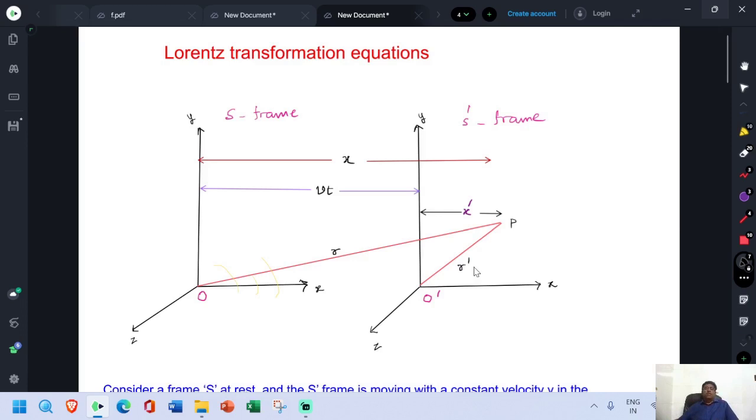The observer O predicts the point P at a distance r from the origin, whereas the observer O dash predicts the point P at a distance r dash from the origin. The time taken by the wavefront to reach the point P is t for the observer O, whereas for the observer O dash, the time taken is t dash.